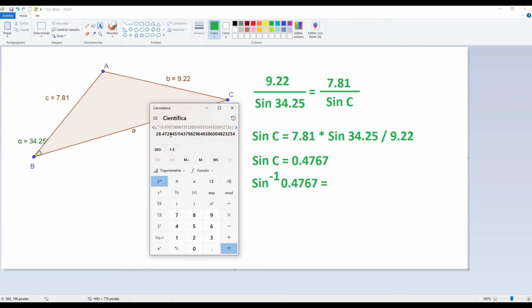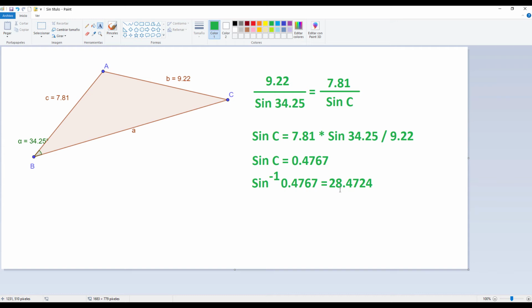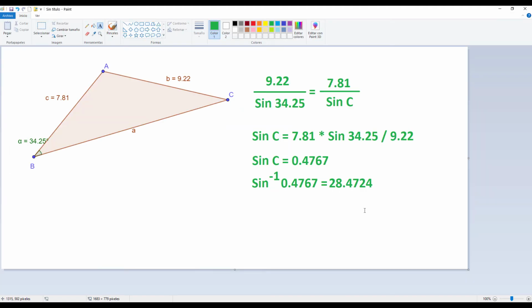Okay. Okay, let me check. 20.47. Yeah, it's the same angle.